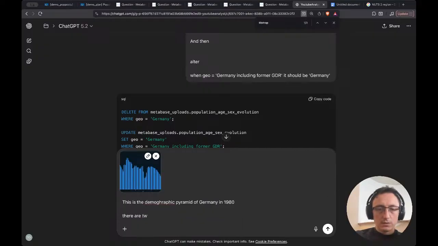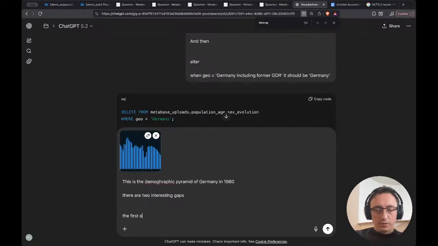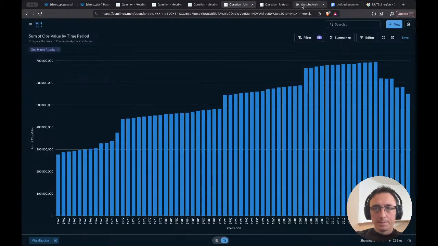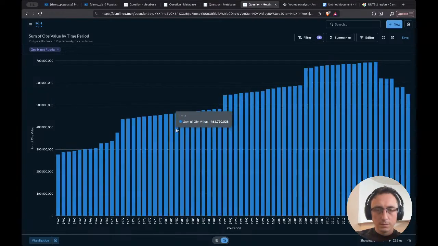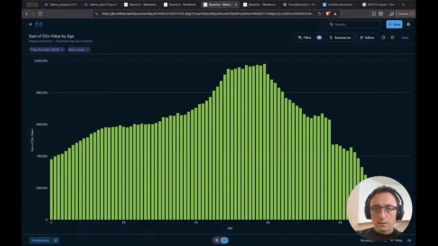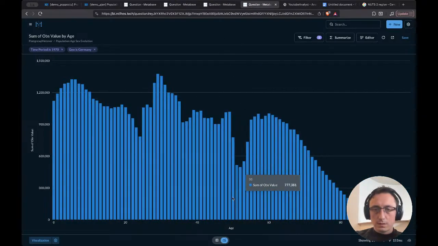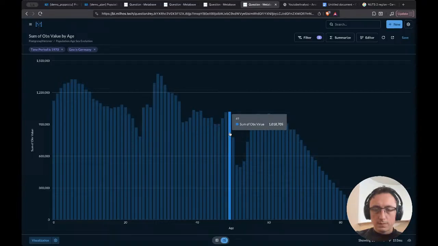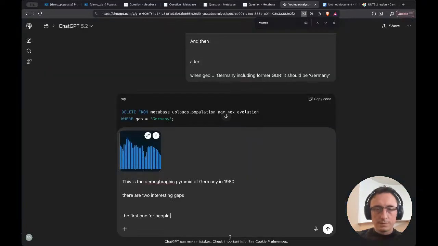There are two interesting gaps. The first one for people in 49.